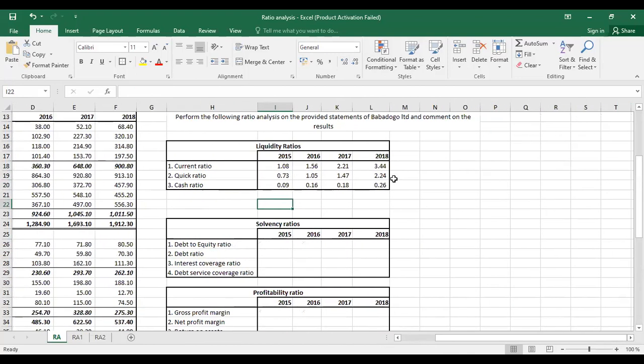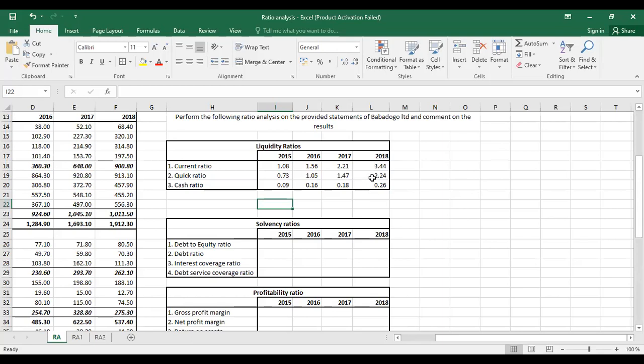And the comment was that the liquidity ratios are increasing. It means the company can pay off its liabilities. Like in 2018, it means we can use our current assets to pay our current liabilities 3 times.